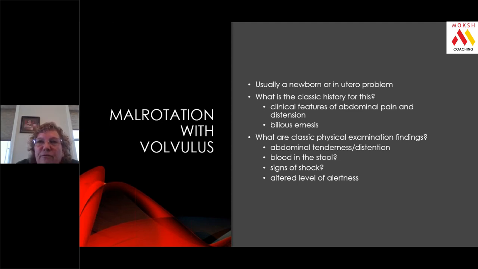And they ask you what the first thing you're going to do is. What's the first thing you're going to do? And their choices are fluid bolus, 20 mLs per kilo, blood products, antibiotics, or CT scan.